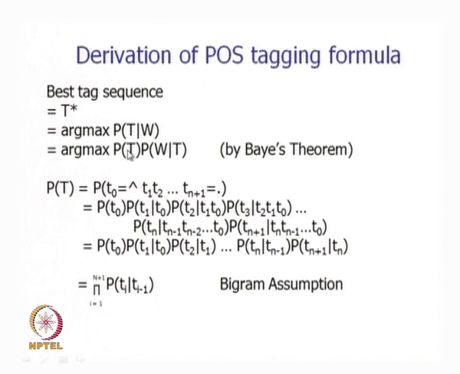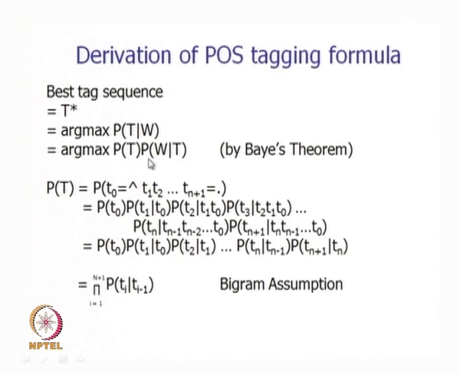P T is written as P of T 0 equal to hat, followed by T 1, followed by T 2, followed by T 3 and so on, until we have T n plus 1, which is equal to dot. So, we have here this tag sequence T 0, T 1 up to T n plus 1. This now can be broken down into a number of probability values by applying what is called the chain rule, which is a fundamental operation in probability.